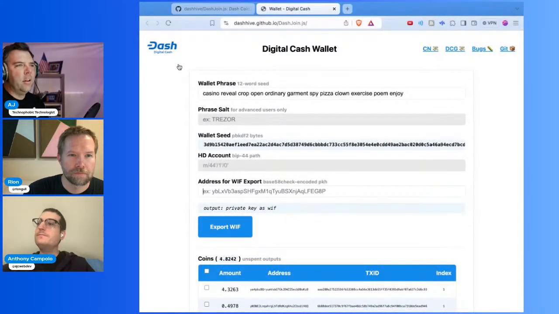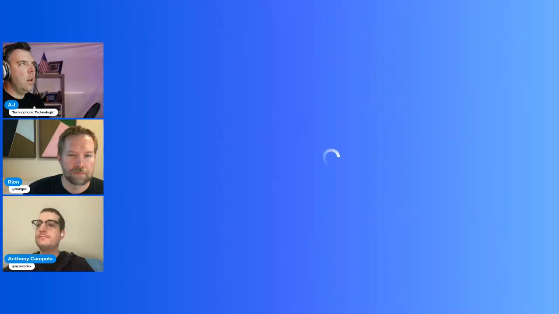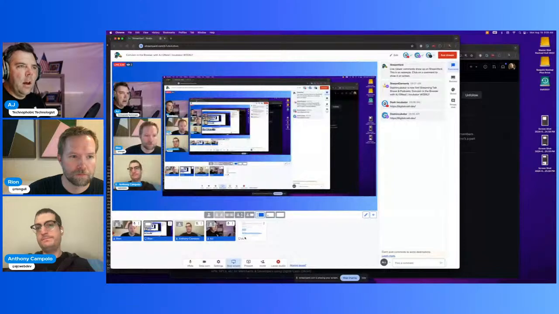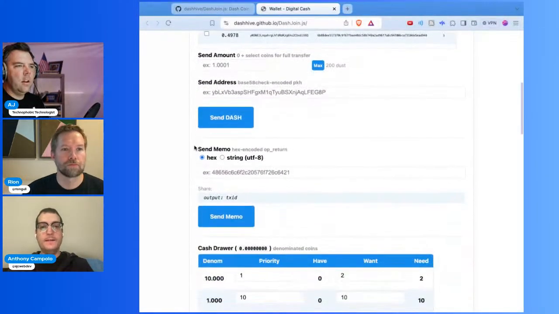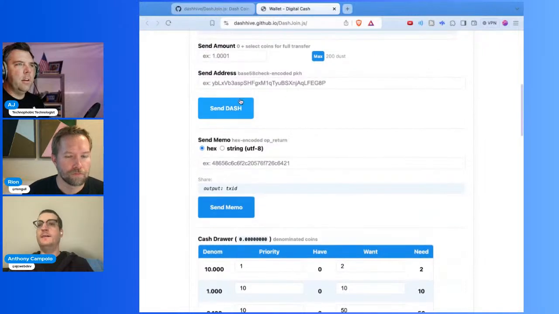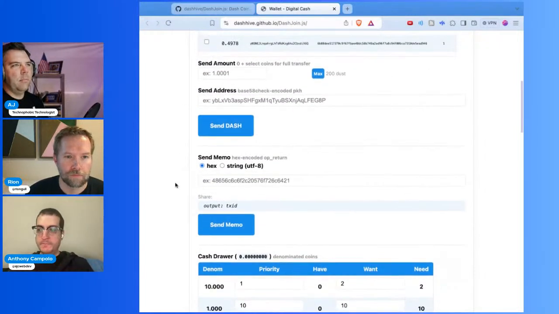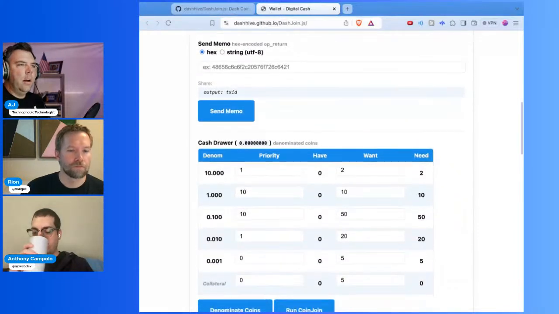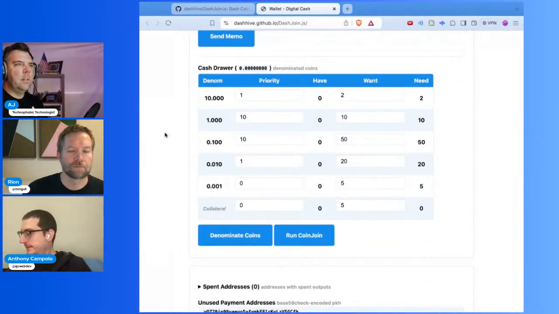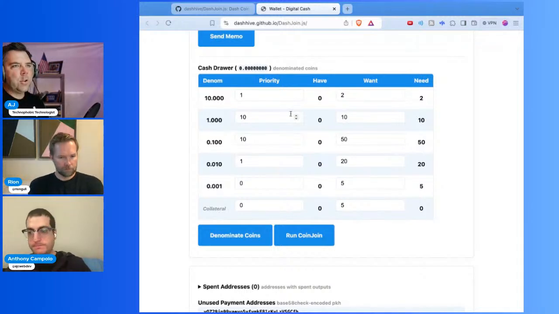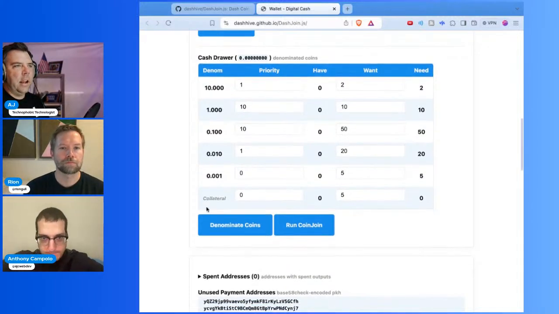So you've got your wallet information here, and information about coins that you currently have. You have the ability to send to an address, to send a memo, because a collateral ends up being much like a memo. Actually, it just is a memo with a specific fee. And then we've got a cash drawer, which we'll talk about later.